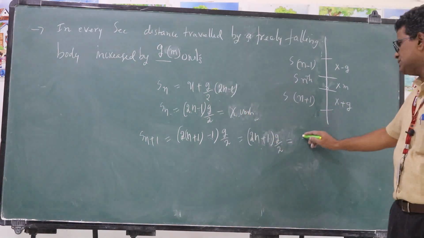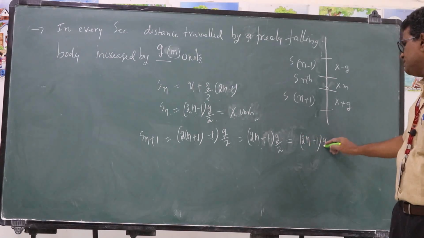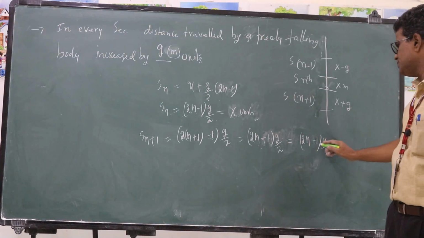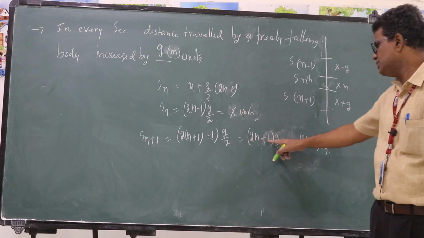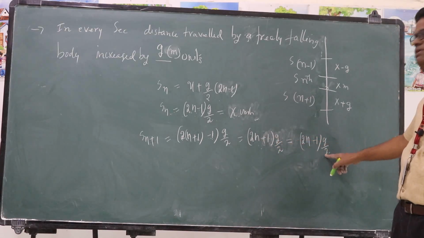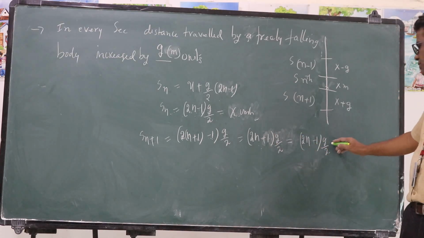I can write it as 2n into g by 2 as it is, minus g by 2, and I have to get plus g by 2, so I add g.